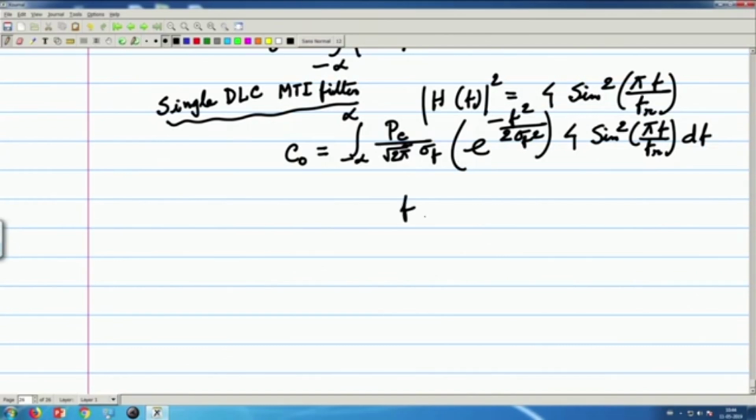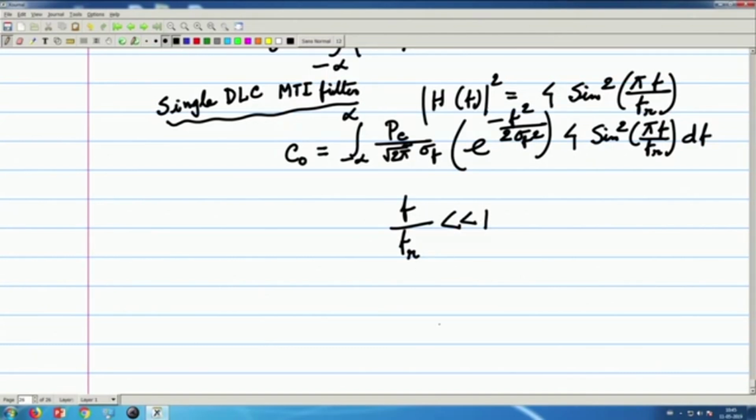So, I can assume that f by fr is much less than 1, because only over a very small spread the power spectrum is significant, but fr is quite larger than sigma f.